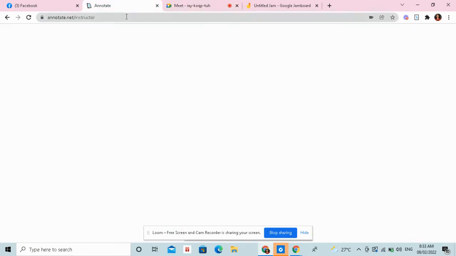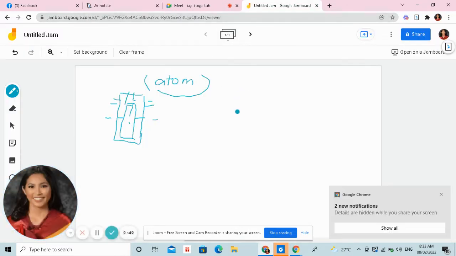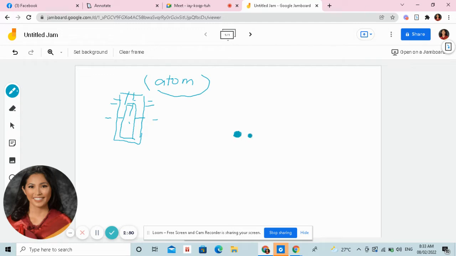However, remember that your atom is made up of, what is an atom made up of? If we have an atom, we have a nucleus.